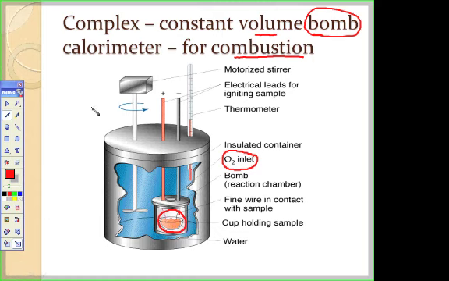Now, a combustion process is exothermic. Hopefully that's self-evident to you. It's going to give off heat, and that heat's going to go one of two places. It can go to the water. This would be water in here. Water has a high heat capacity, so it can absorb a lot of heat without changing temperature. Or heat could actually be absorbed by the calorimeter components itself.